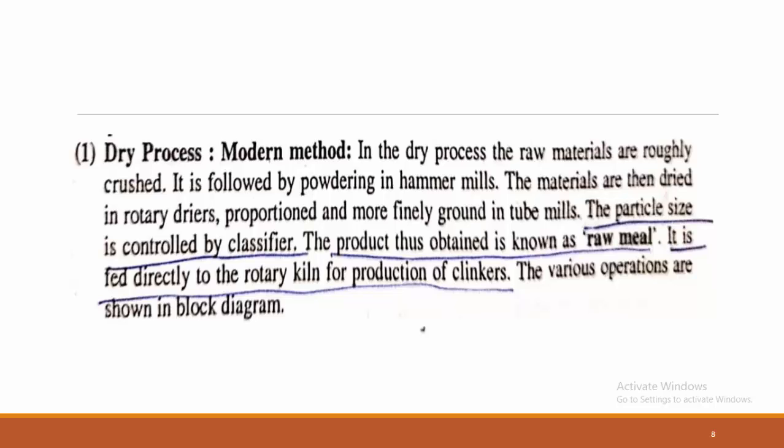The product that is obtained is known as the raw meal. Very important, raw meal is fed directly to the rotary kiln for the production of clinker.